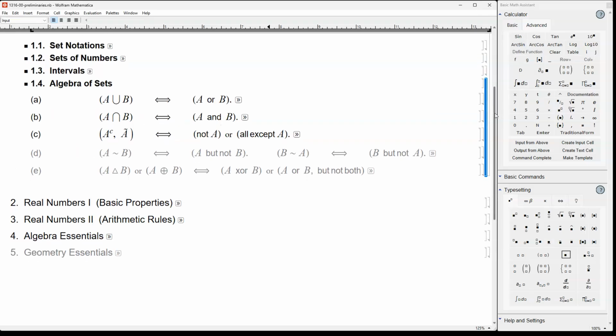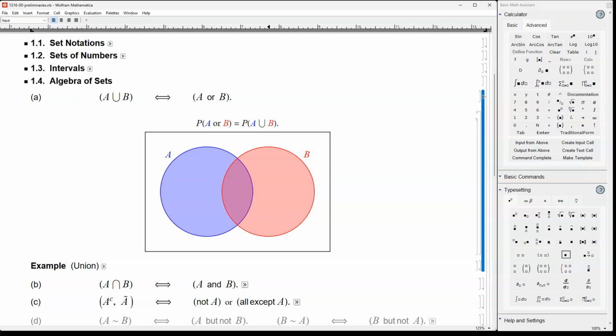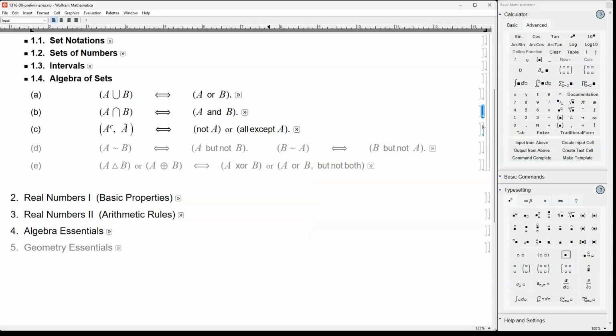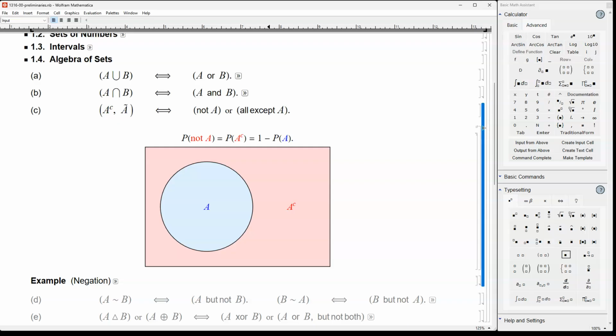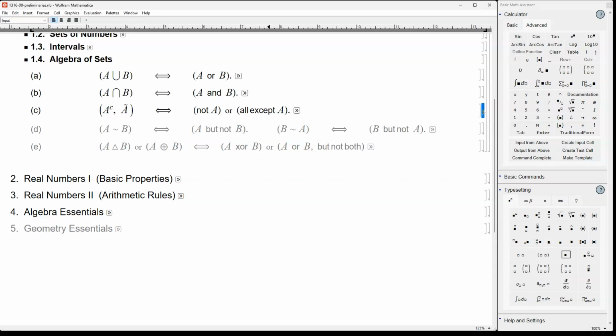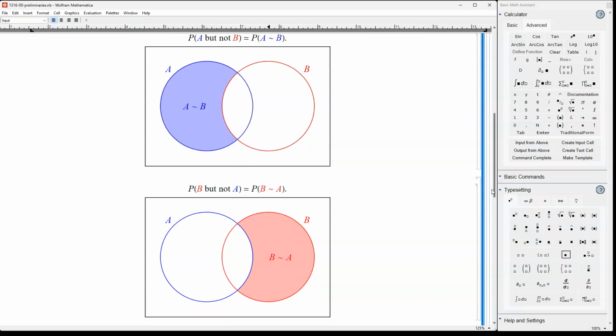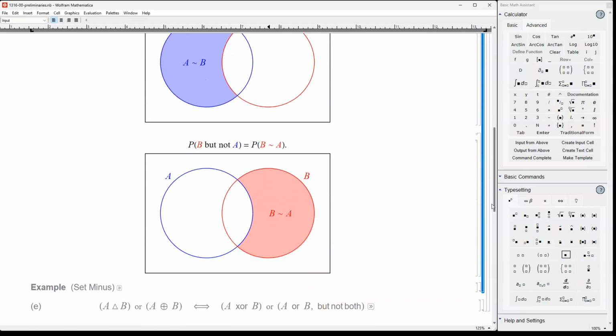Next, algebra of sets: union, A or B. Intersection, A and B. Complement, not A, all except A. And some difference of sets, A but not B, this crescent region, and B but not A. Again, we are going to get a crescent region like this.